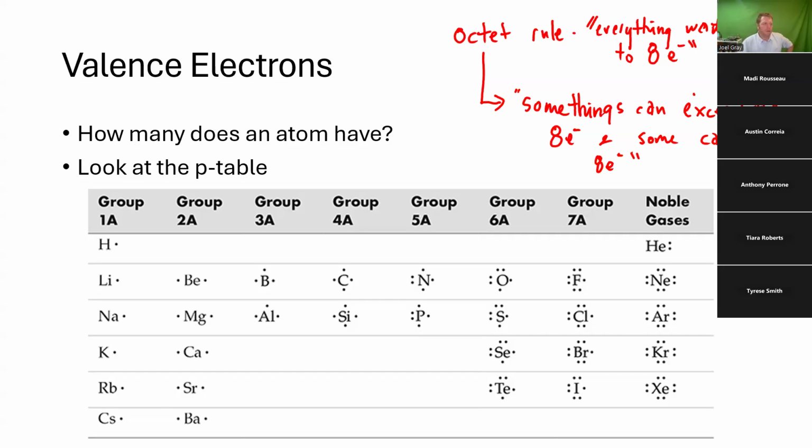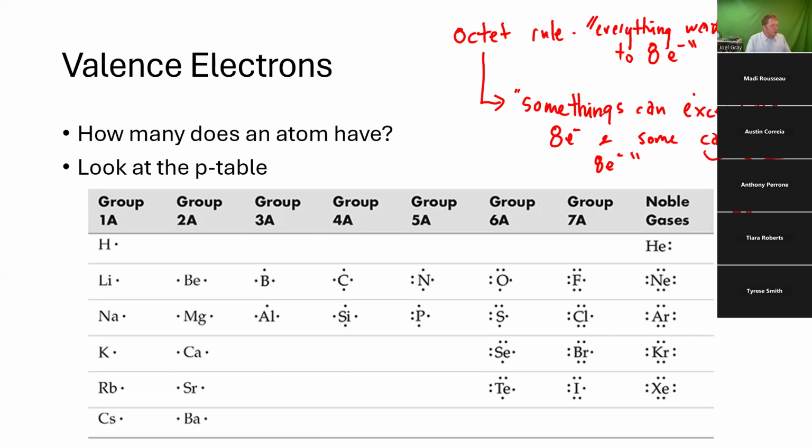Now, with that in mind, if you look at your noble gases, is there a noble gas that does not need to have 8 electrons around it? Perfect, helium. So we already know an exception to the octet rule. One exception that goes under is helium. Great.